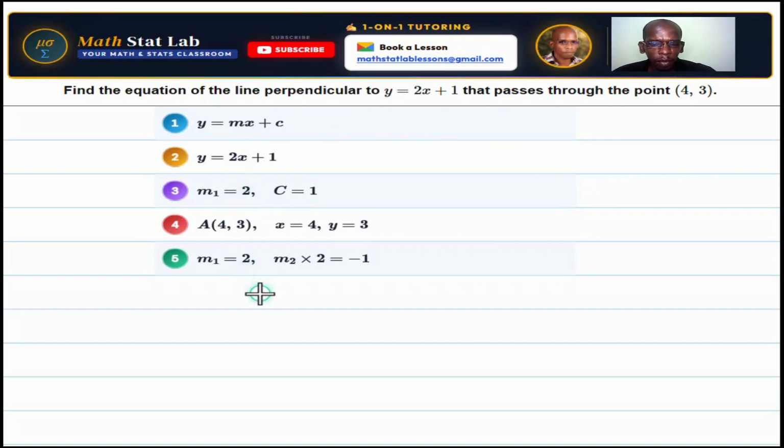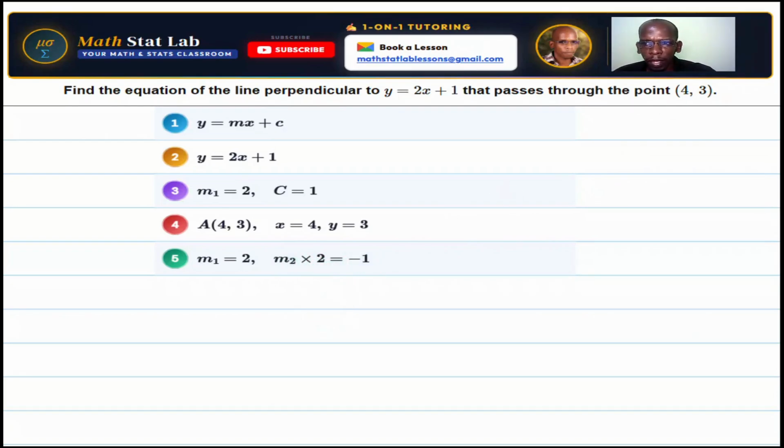One property of perpendicular lines is that the product of the gradients should be equal to -1. So if I take the gradient of the given line, which is 2, and multiply it with the gradient of the line we don't know, the one we are trying to find the equation of, this product should be equal to -1.